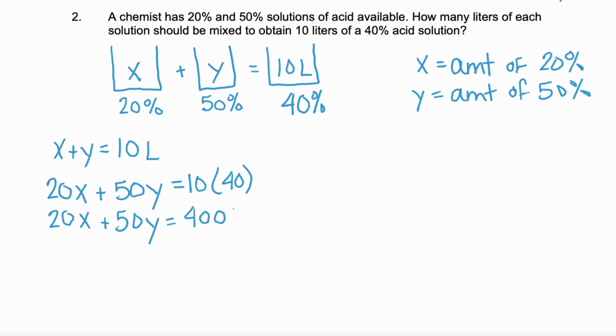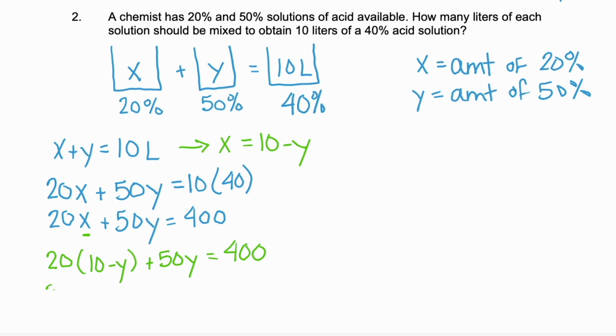Now we can solve that first equation in terms of x. So we subtract y from both sides and we would get x equals 10 minus y. And we can substitute it in for the x in our second equation, which would give us 20 times 10 minus y plus 50y equals 400.